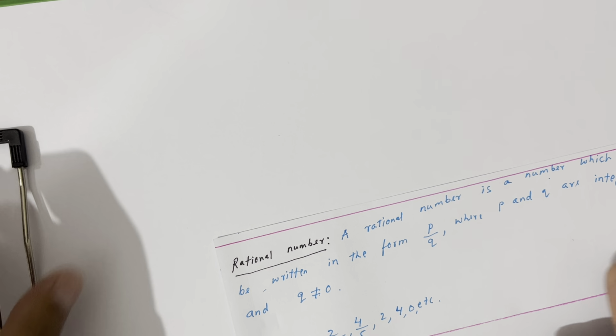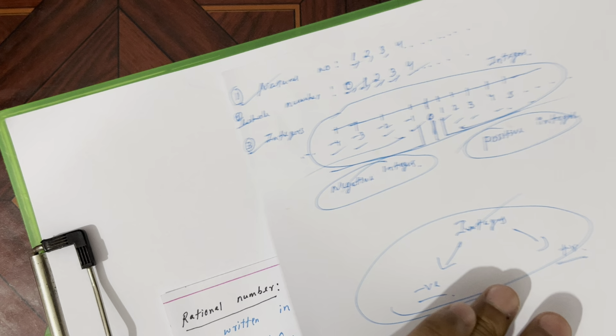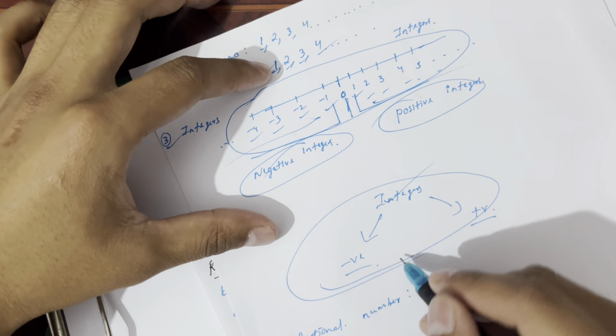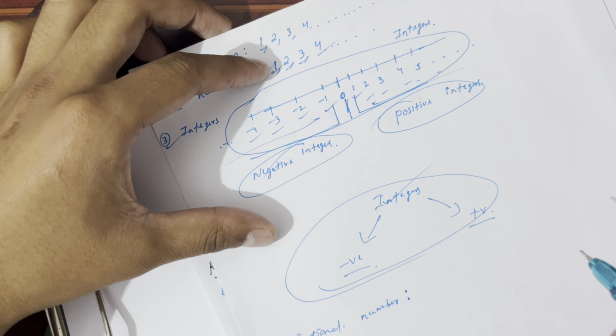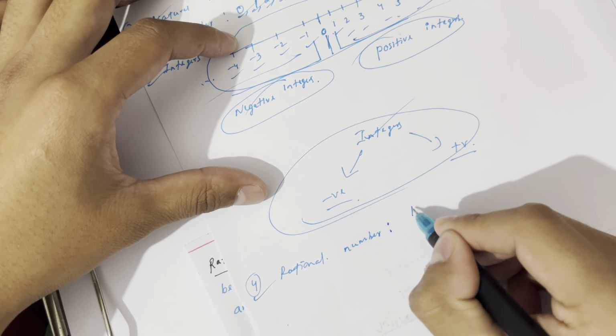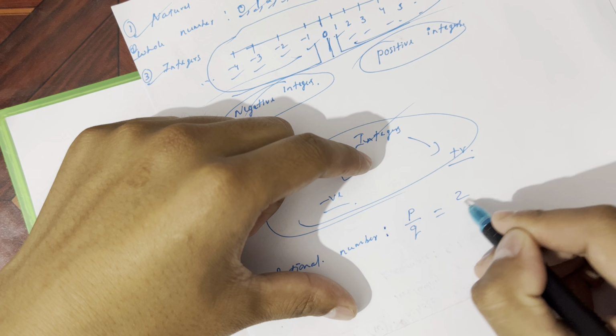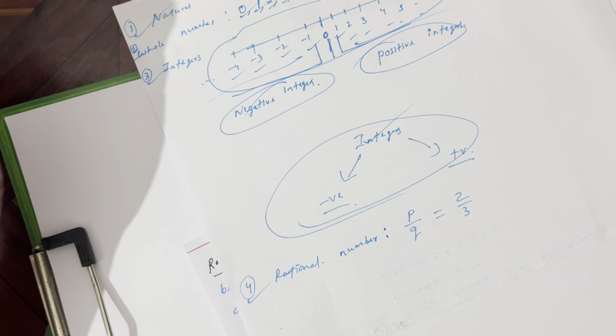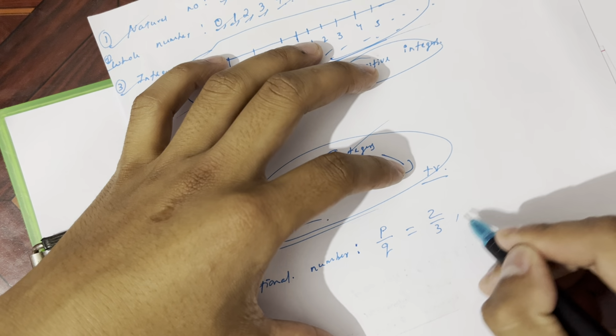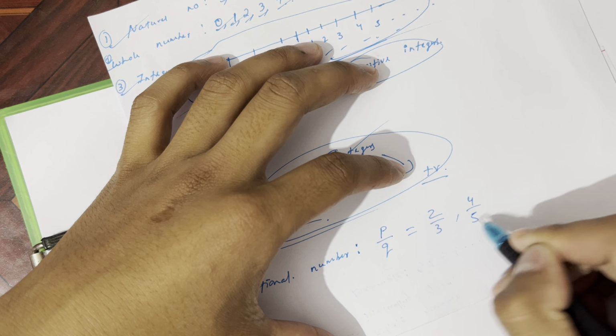Now, a rational number is any number which can be written in the form p by q. For example, let's say 2 by 3, and then 4 by 5.